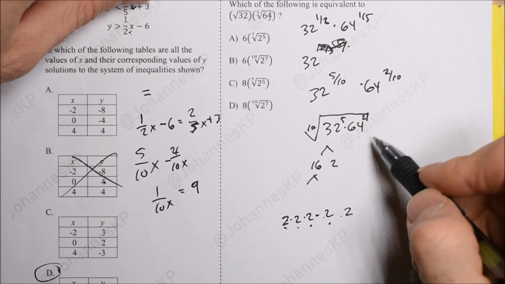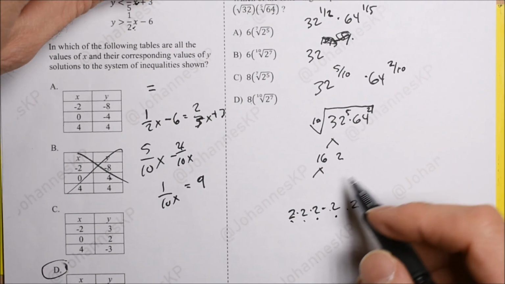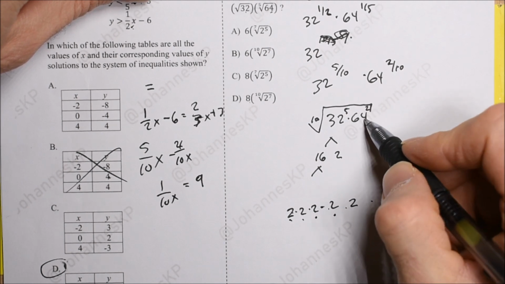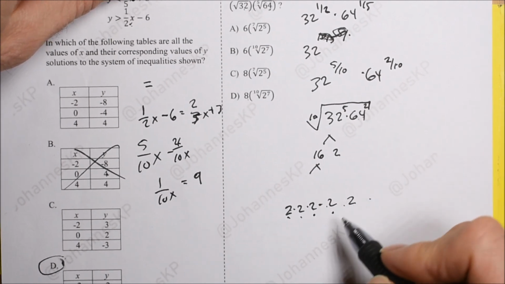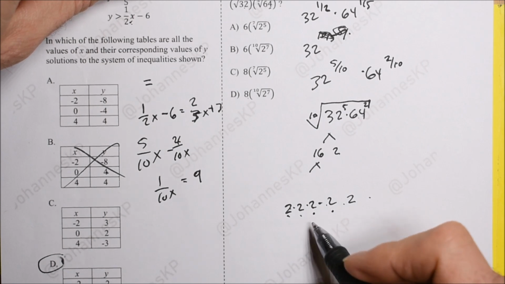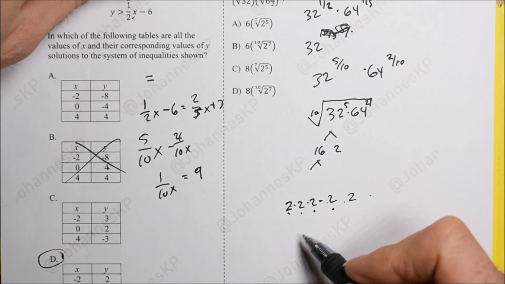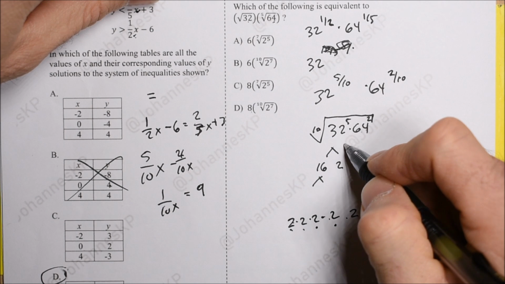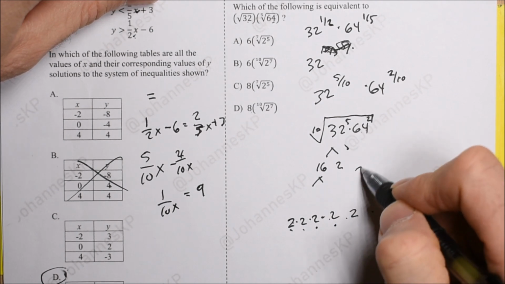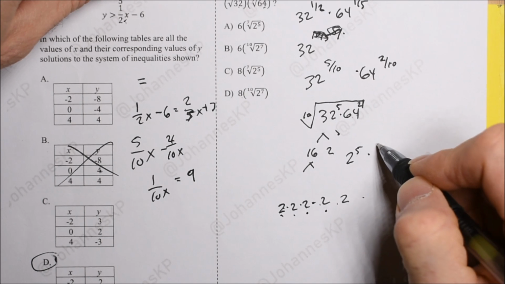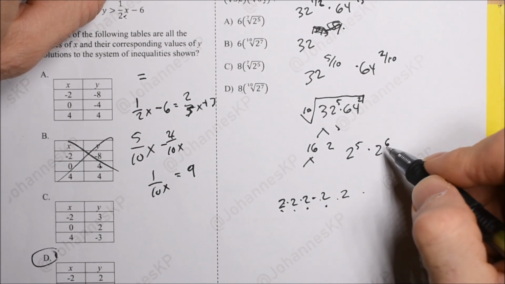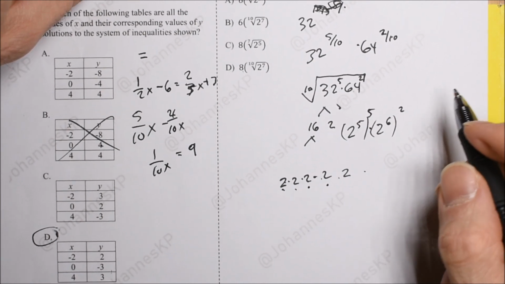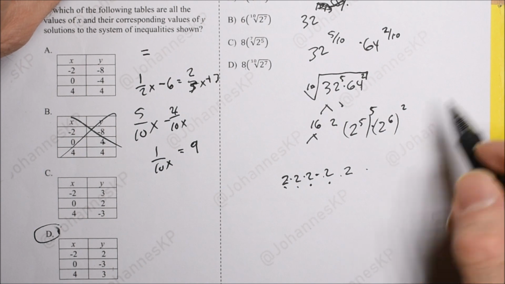Yeah, there's 5 of those anyway. And then 64, there's going to be 11 of these. Well, no... But yeah, you're gonna have 5 2s. You're gonna have 2 to the 5 times 2 to the 6. 2 to the 5 to the 2. Huh. Interesting.